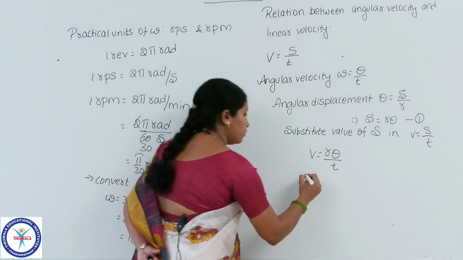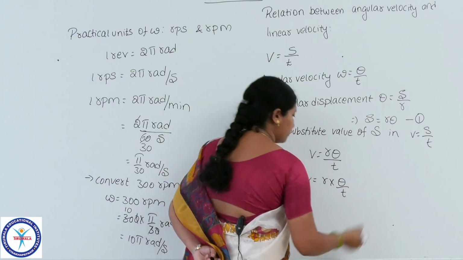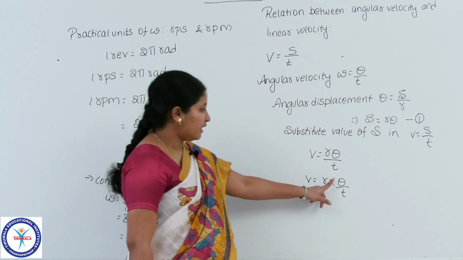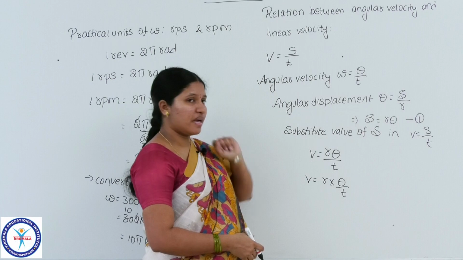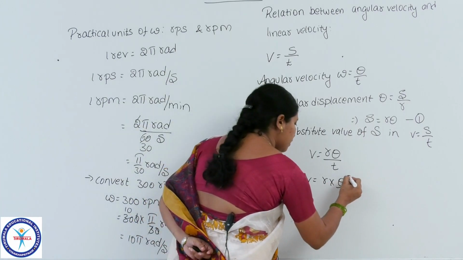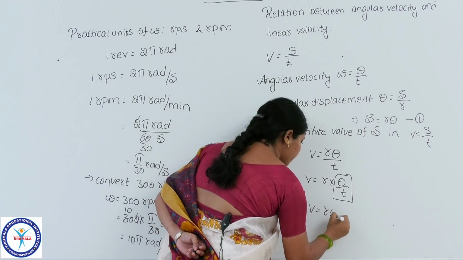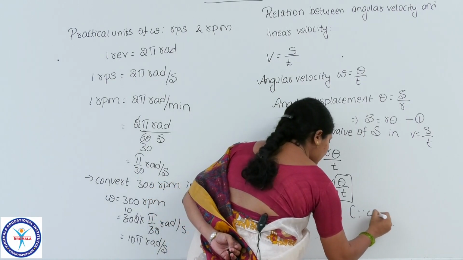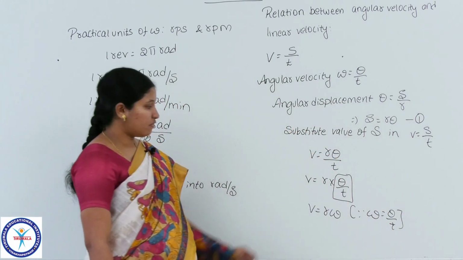So distribute the terms, R into theta by T. See, if we look at theta by T, we can observe that it is the formula for angular velocity. So in place of theta by T, I am replacing it with omega, since omega is equal to theta by T. So V is equal to R omega.